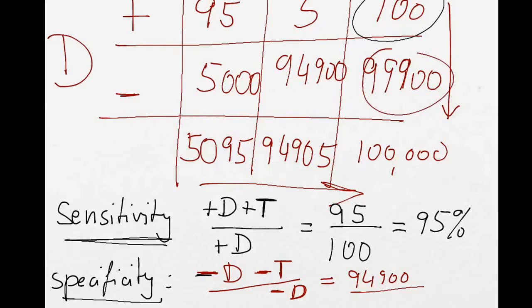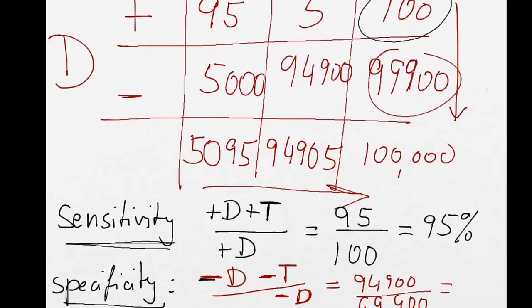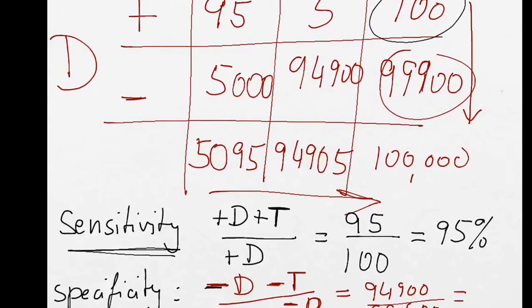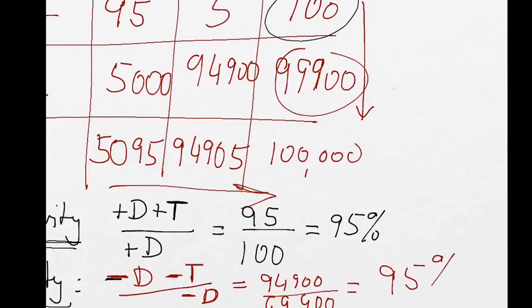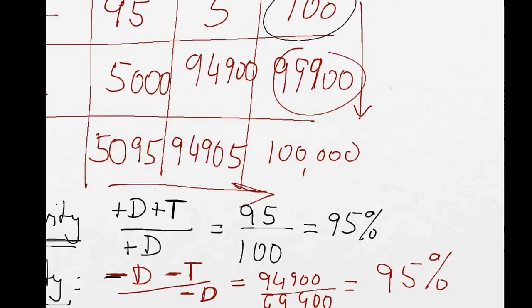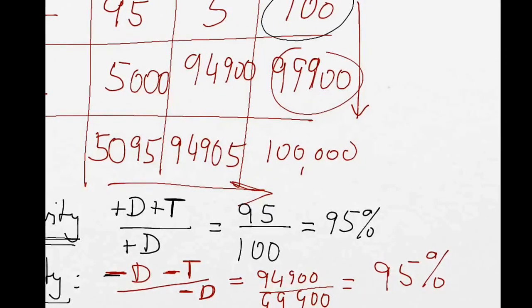Happy with that? 99,900. Jason, what did you get? 0.95. So we get, again, 95%. So the specificity of this test is also 95%.